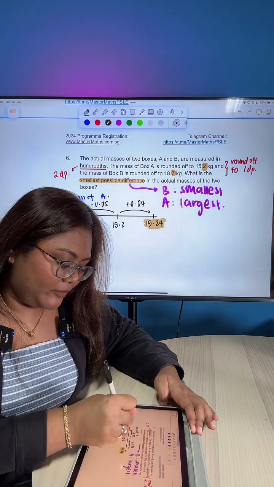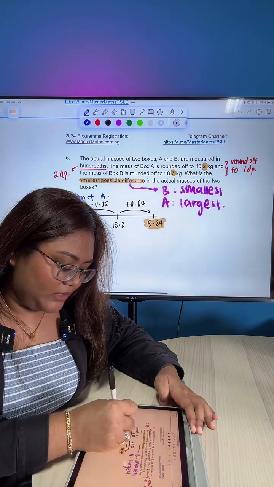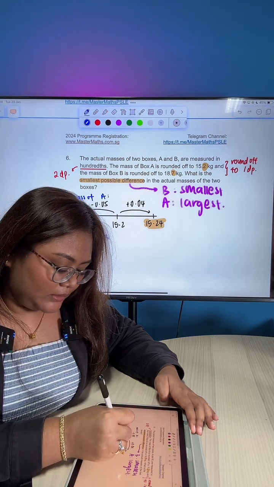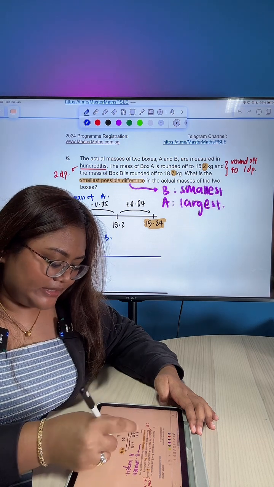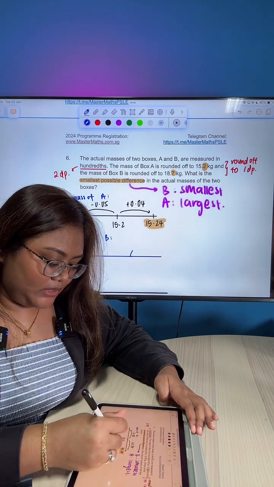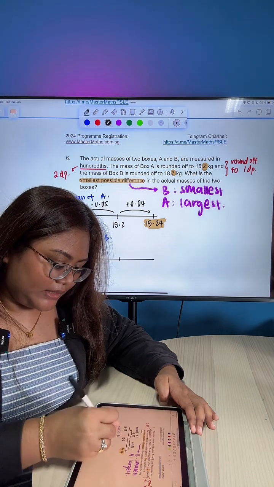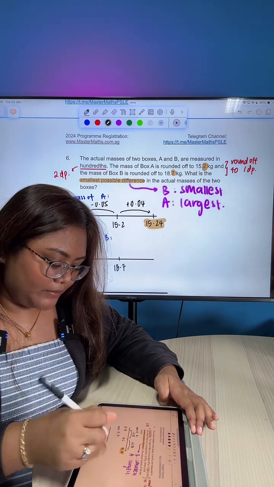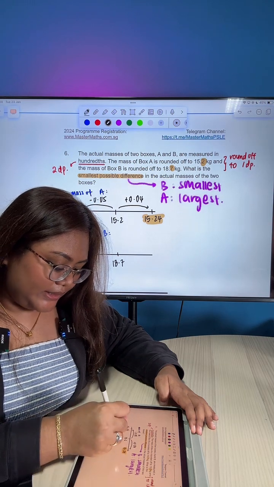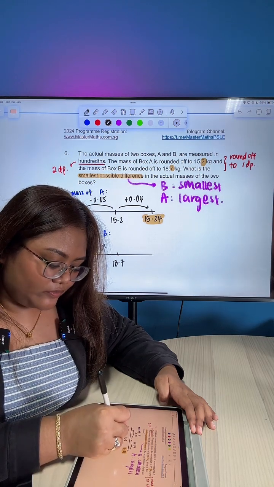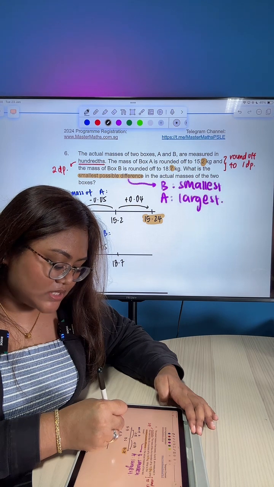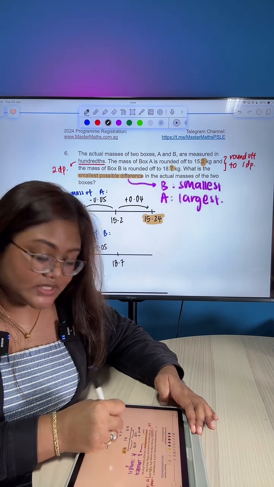I can do the same for B. For mass of B, the range that I'm going to get will be, I have 18.7 in the middle. I again minus 0.05 to give me the smallest possible, which is 18.65.